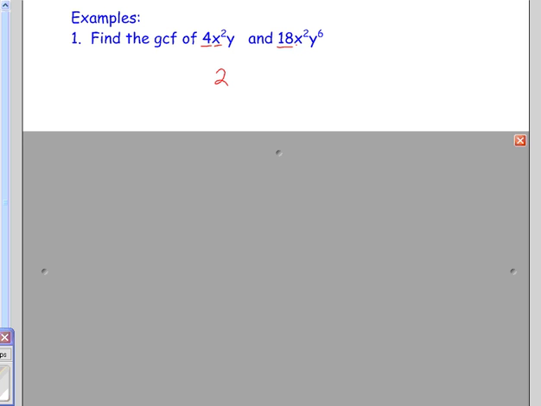They both have x to the second power, so that's going to be included in my GCF. They both have y, but now I have to look at the exponents on the y's. They both have at least y to the first power, or just y.